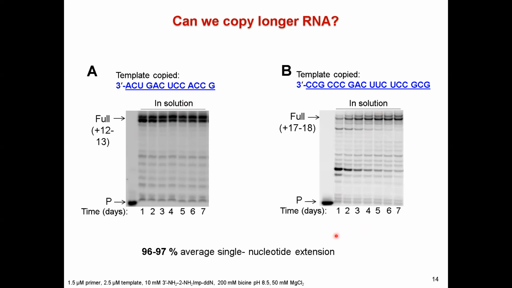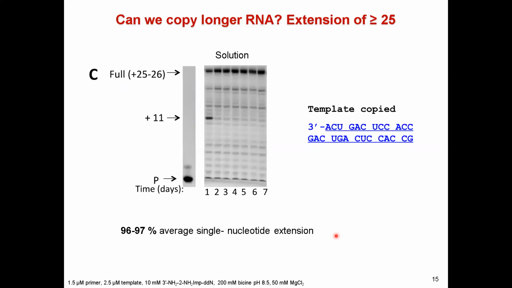But I guess the more important part, and this was done with an average single nucleotide extension that was comparable to RNA, but for much longer stretches, the important tidbit was that we could now extend all the way up to 25 nucleotides. And this was great because if you add on the primer sequence length, then you exceed that 30 nucleotide mark. And this is where we concluded this study.